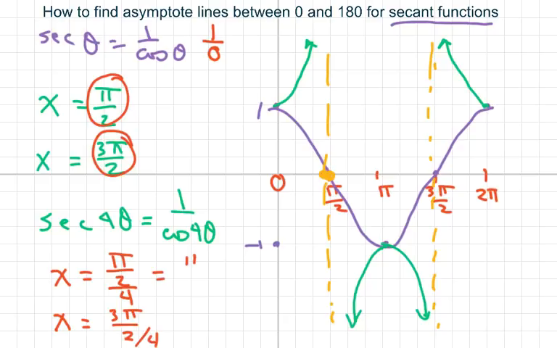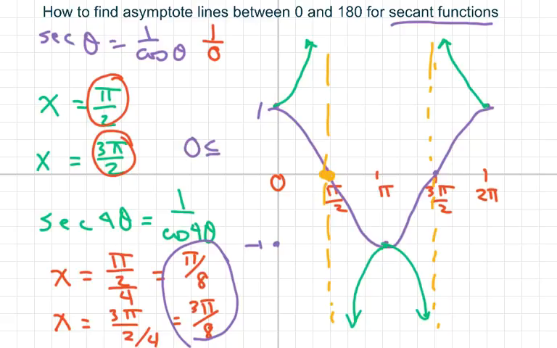This gives you pi over 8, and this one gives you 3 pi over 8. Now both of these lines are in between 0 and pi. So both of these answers will suffice, we want our asymptote line to be between 0 and 2 pi. I mean, just pi. So both those answers work.